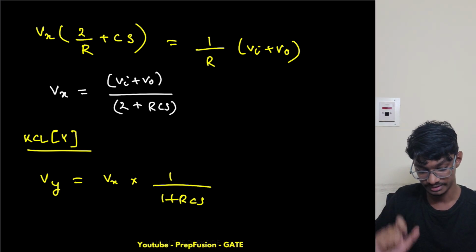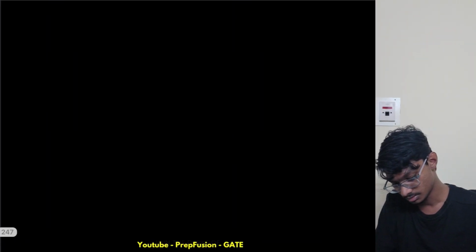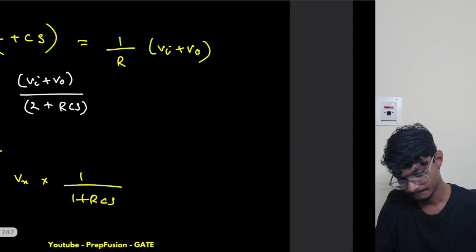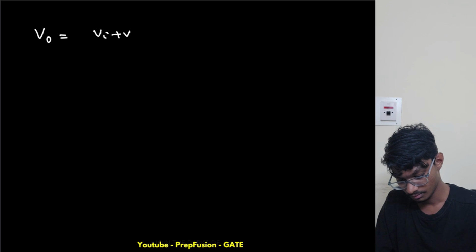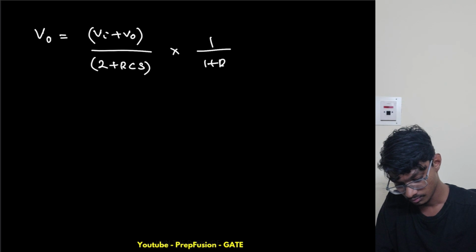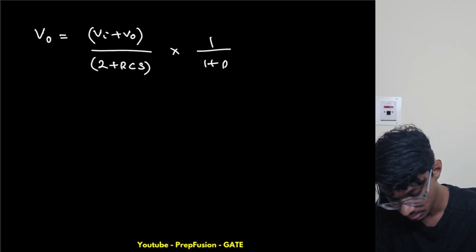Now I will replace this Vx in this term only, so Vy is replaced as Vo, into 1 plus RCs.